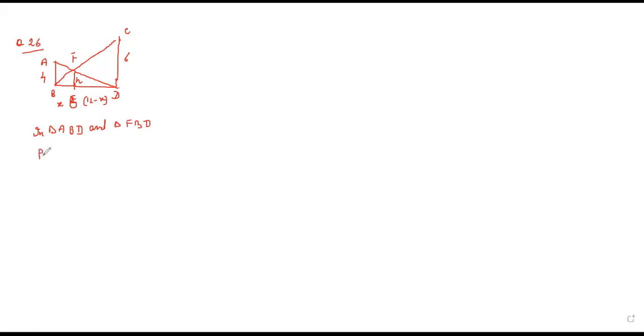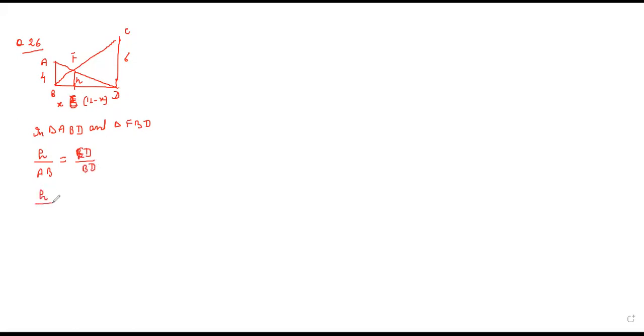Okay, so what it means, H upon AB. H is the side of the smaller triangle. AB is the side of the bigger triangle, which is equal to H upon AB, which is equal to BD, the height of the smaller triangle, upon... ED upon BD.